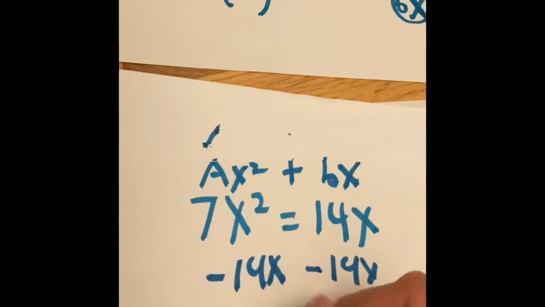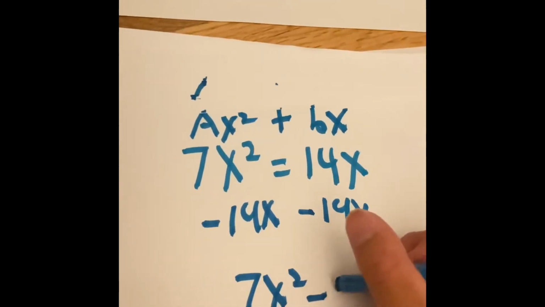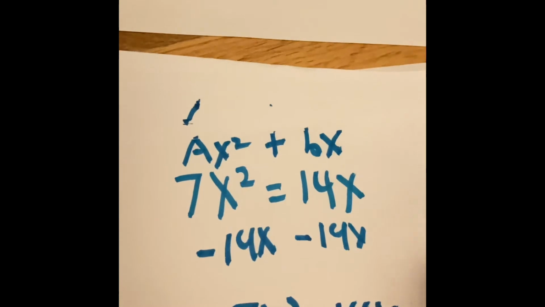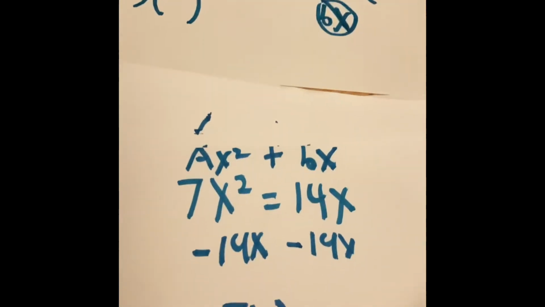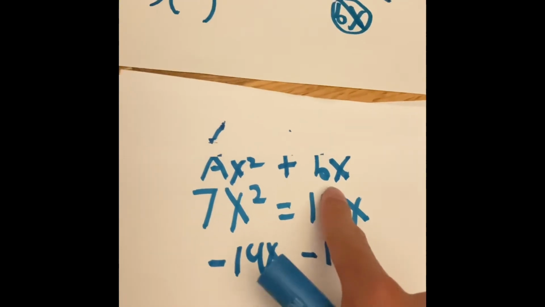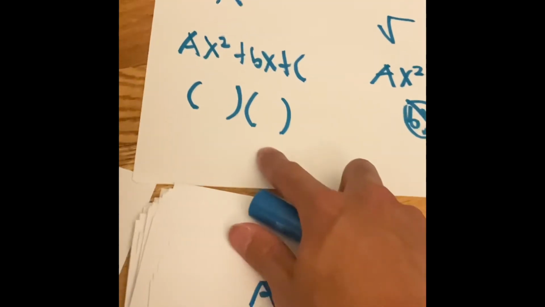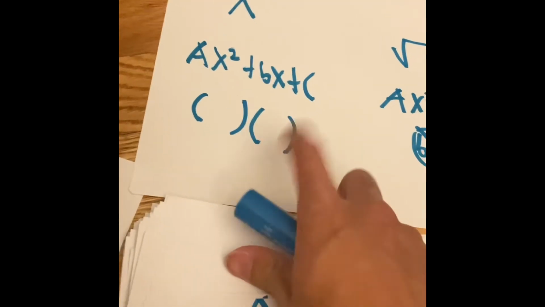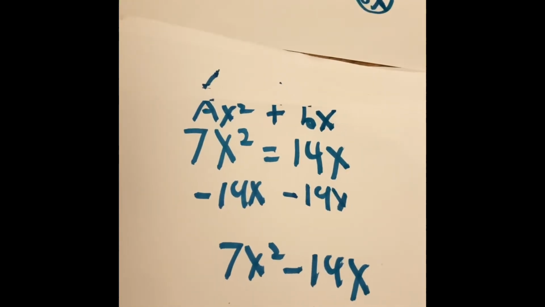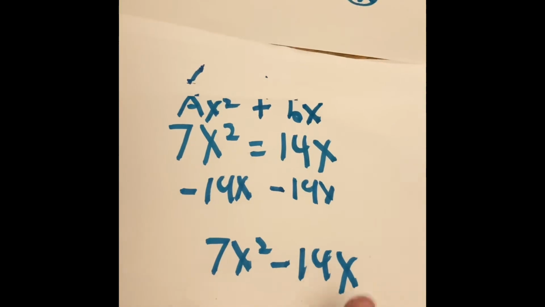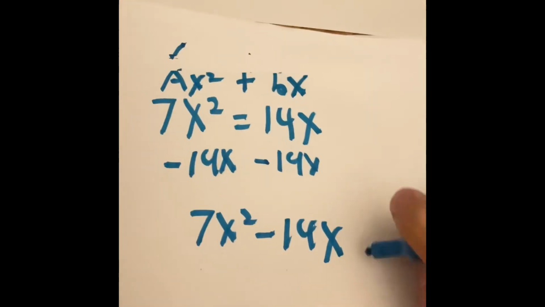So now we have 7x squared minus 14x. The right method does not work because it doesn't have a c value. It has a b value, which means the left method will have to work. This is the method we'll have to use: factoring and understanding how to get the two x's when it equals 0.